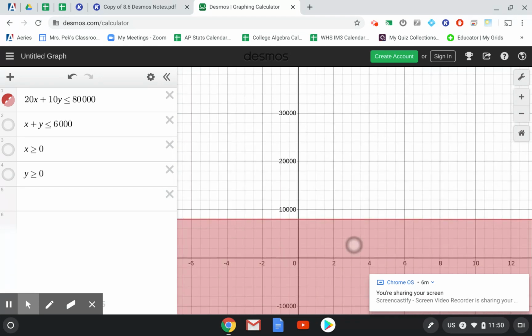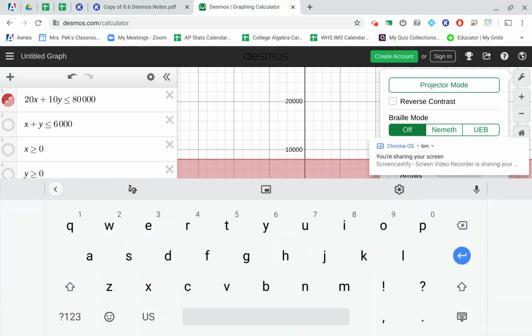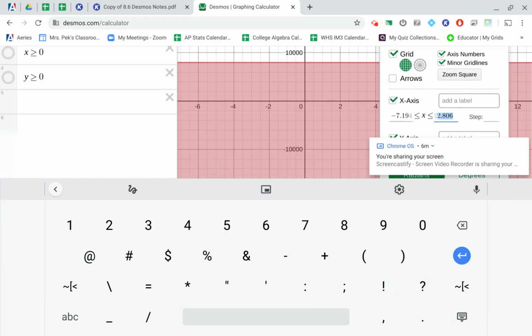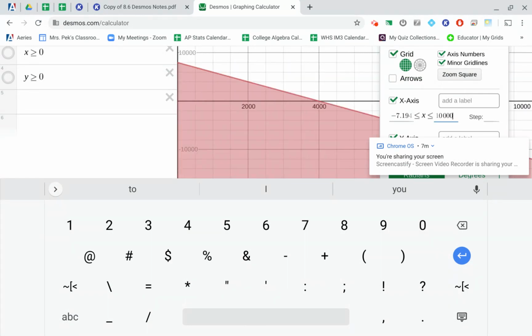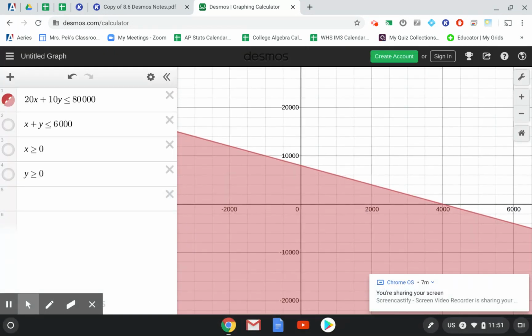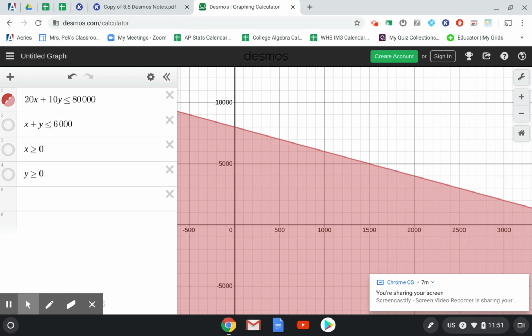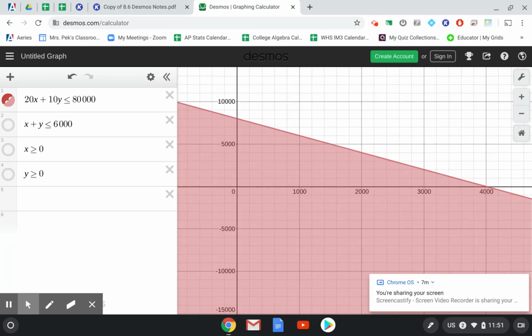And then my x-axis, I also need to change. Let's see, 1, 0, 0, 0 until I see that work out. All right, that looks good. Okay, so I can kind of see what's happening. And then you can zoom in and out and move it around from there to get a better picture of what you have.